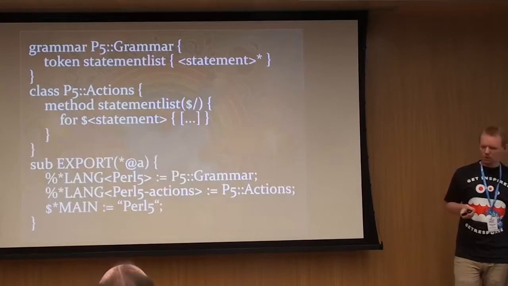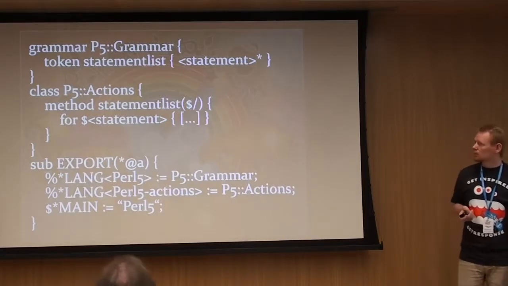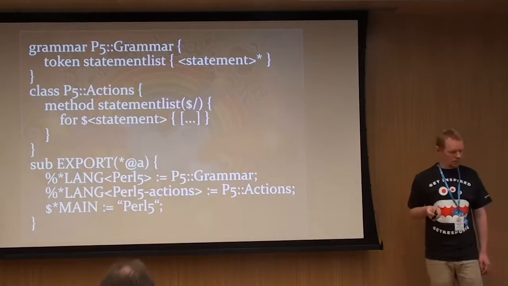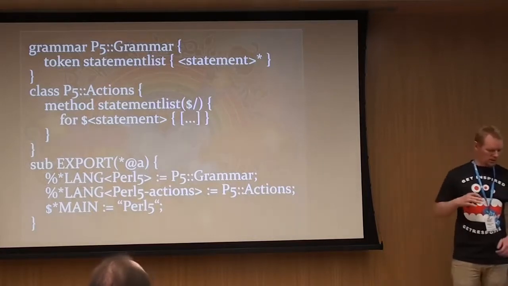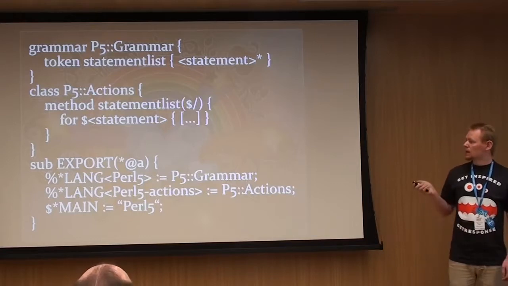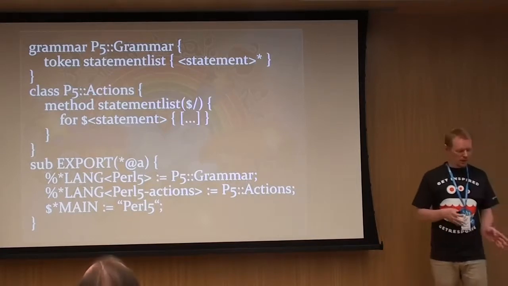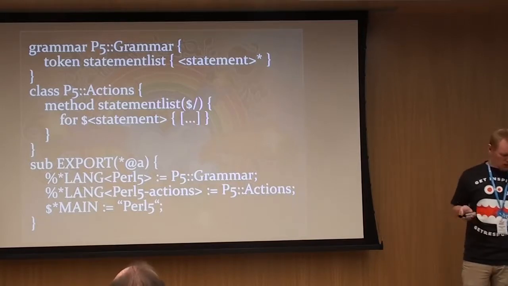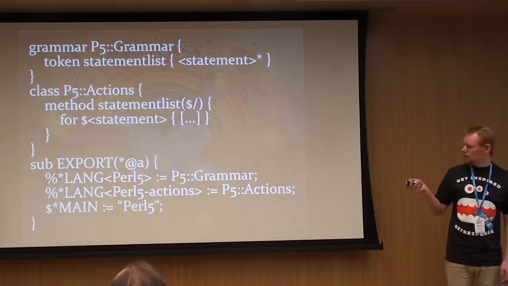And the Perl 5 slang looks a little bit like this. It means we have a grammar, the Perl 5 grammar, which defines all the statement lists, statements, tokens, and so on that are known to Perl 5. It has action classes, which build the AST. We'll get to it in a little bit. And it also has an export subroutine.